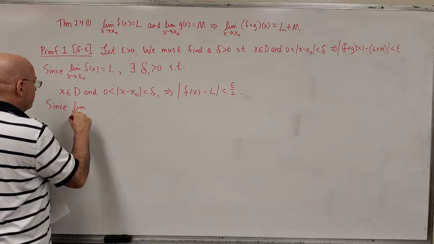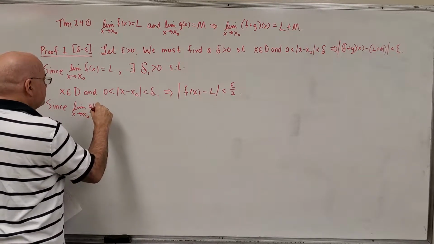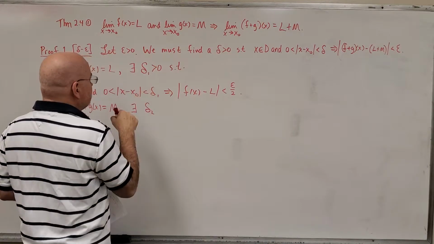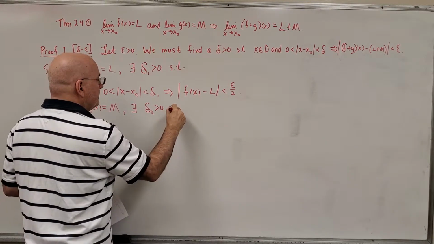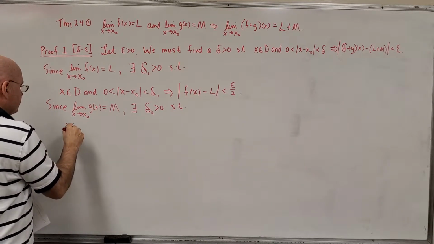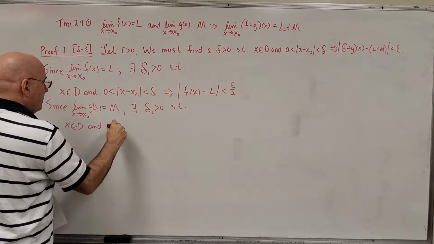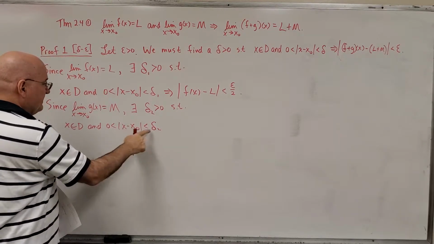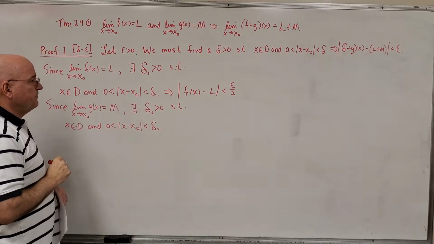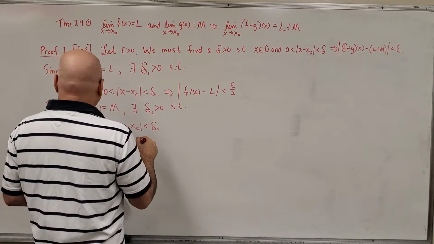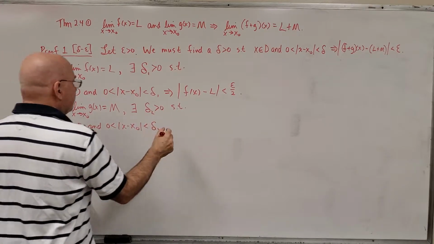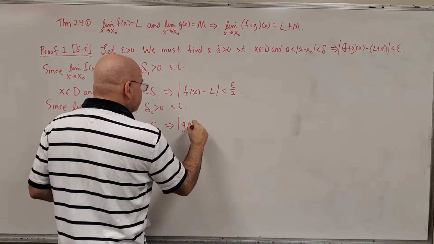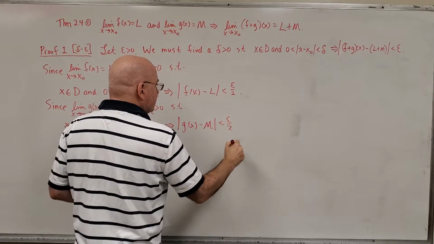Since the limit as x goes to x naught of g of x is equal to capital M, there exists a delta 2, it may not be the same delta as that, greater than 0, such that x in the domain and x very close to x naught, and in this case, between 0 and delta 2 of x naught, that means that whenever x is in the domain and close to x naught, g of x minus M is less than epsilon over 2.